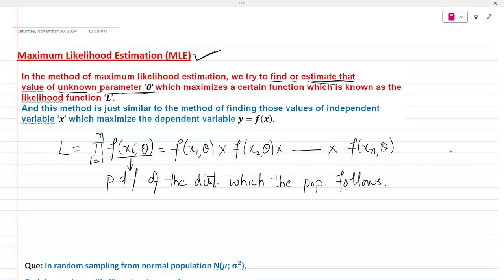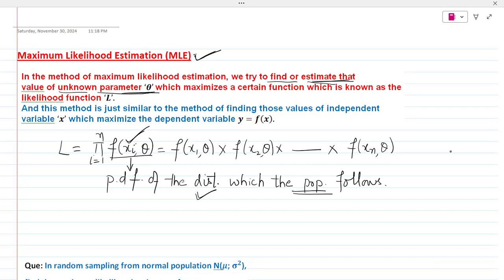I have already stated that usually, not always, it is known which particular probability distribution the population follows. So this f is the PDF of the same distribution. Now, what do these xi's represent?